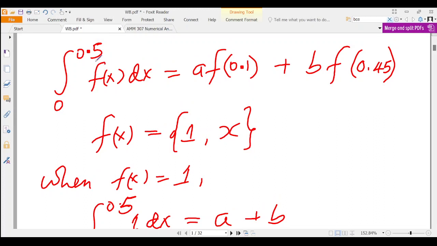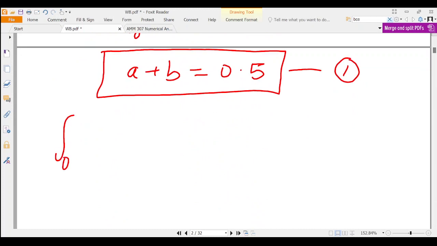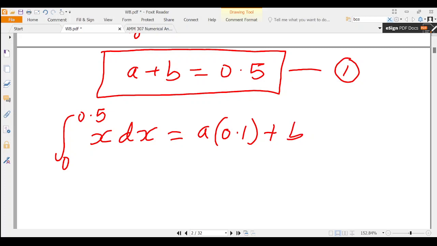If f of x is equal to x, then the value at 0.1 will be 0.1, and the value at 0.45 will be 0.45. So we get the integral from 0 to 0.5 of x dx is equal to a times 0.1 plus b times 0.45.